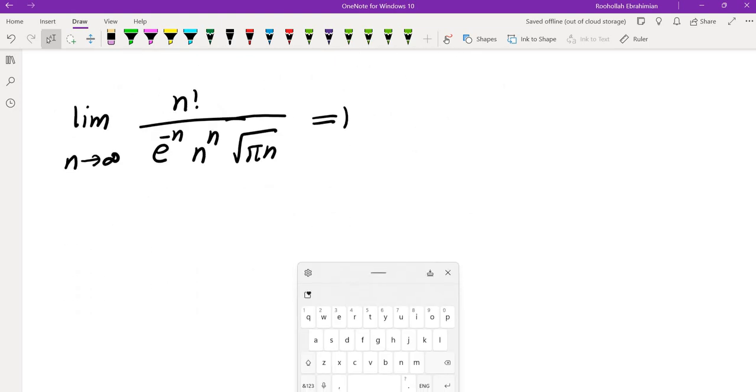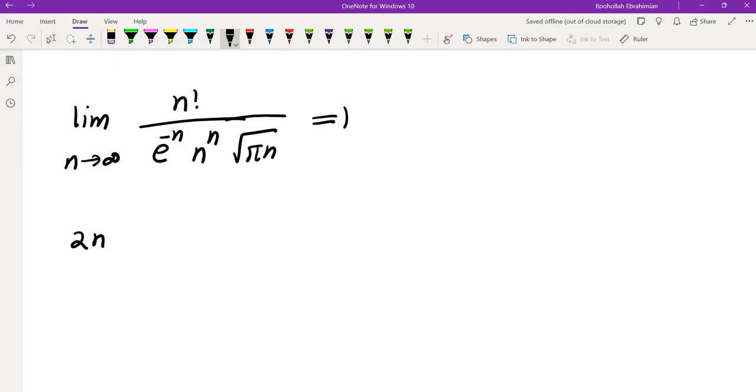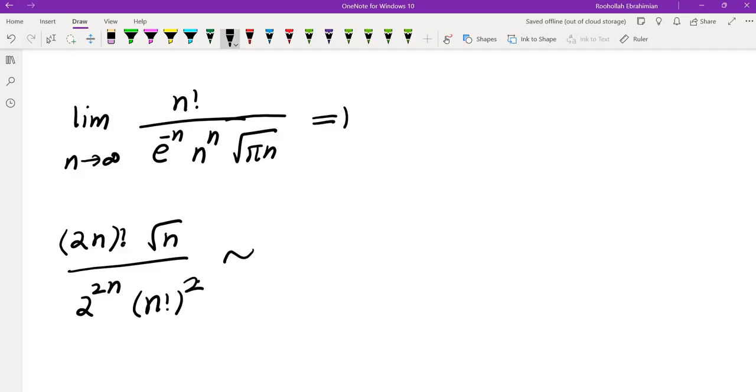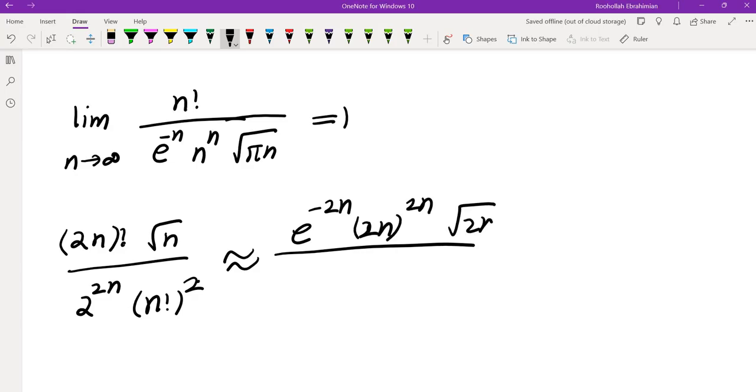So let's examine the quantity that we were given. We have this quantity, 2 to the 2n, n factorial squared, at the bottom. Stirling approximation tells you this is approximately the same as, replacing 2n in there, e to the negative 2n, 2n to the 2n, root 2n, and then root n.